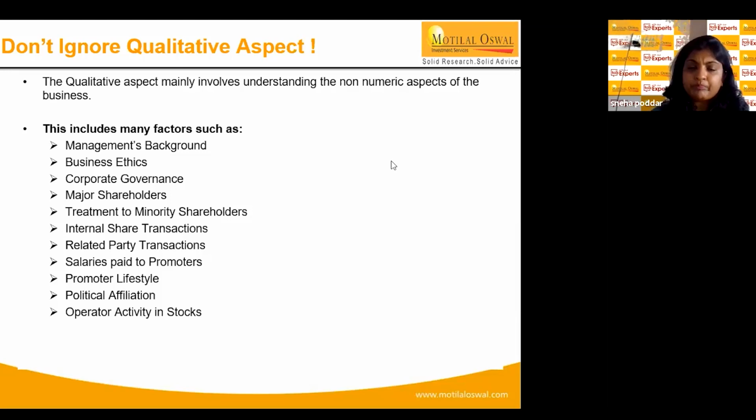This is used widely for the calculation of price to earnings, because you'll be able to compare the price per share by the earnings per share. So it helps you for that analysis purpose.